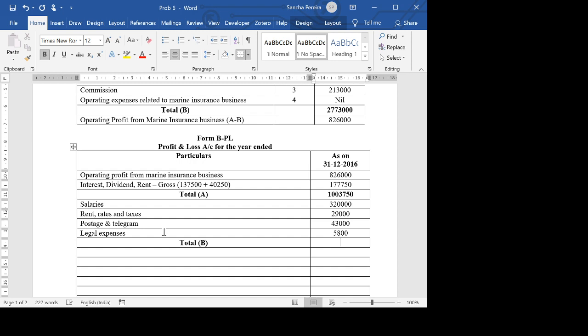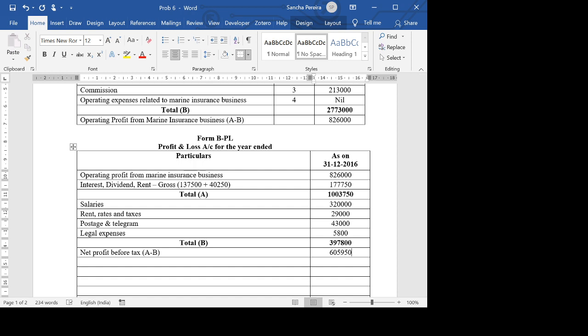This comes to 3,97,800. Okay. So next we get A minus B, net profit before tax. So this amount minus this amount gives you 6,05,950.